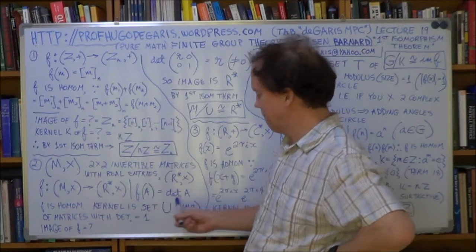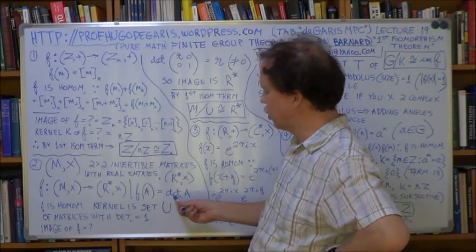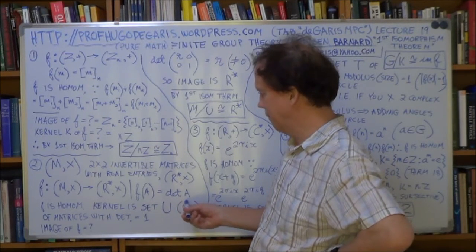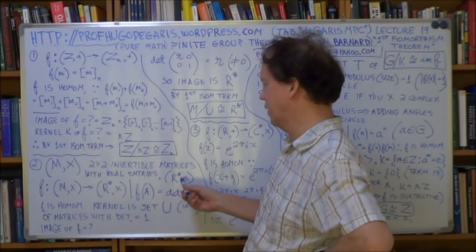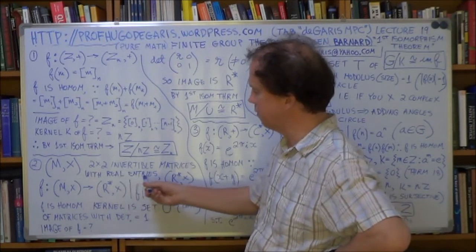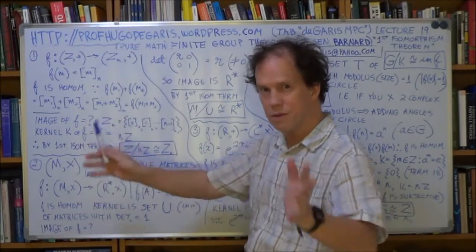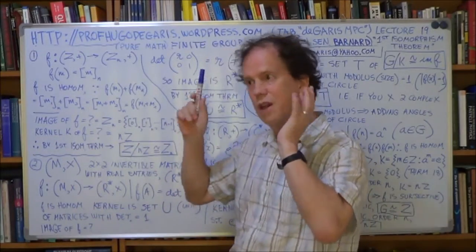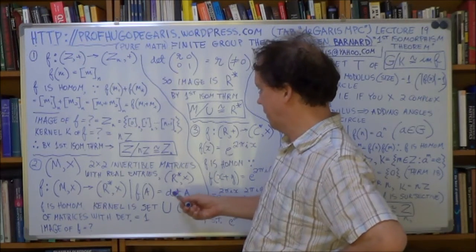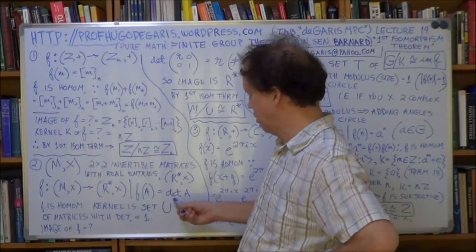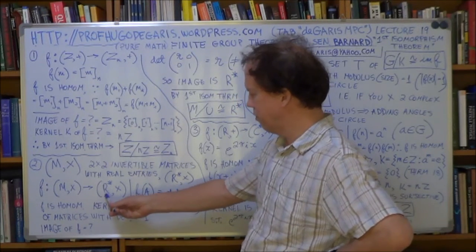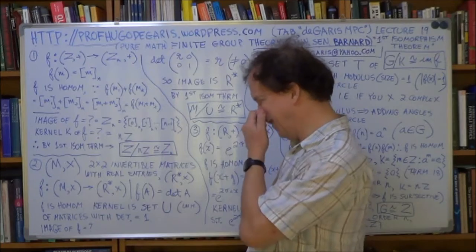And the determinant of that matrix is just a real number in this case, because we have real entries. We don't have complex numbers in this matrix, so they're only reals. So the determinant must be real. The determinant of that matrix will be a non-zero real number.